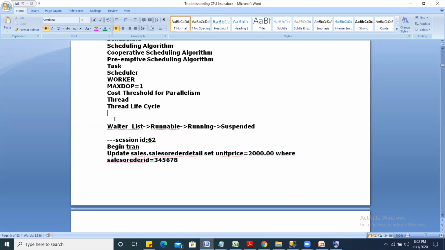Now every scheduler has a waiter list. So first of all, this thread will go into the waiter list of that scheduler, where it is waiting for the assignment of a worker by the scheduler.